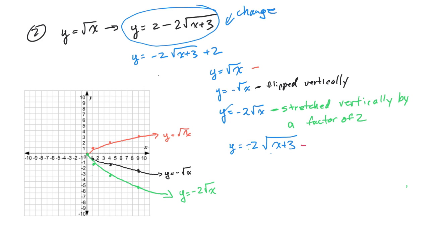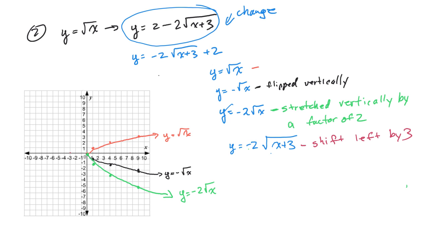And this is going to be a shift left by 3. So what does that mean? It means all of the points in green move exactly 3 points to the left.